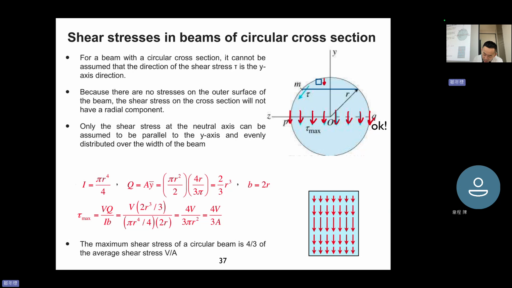If you say this surface has shear downward, it must be stress-free, but stress comes in pairs, right? So this is not okay. If you say there's a shear here, it will come in pair, right?